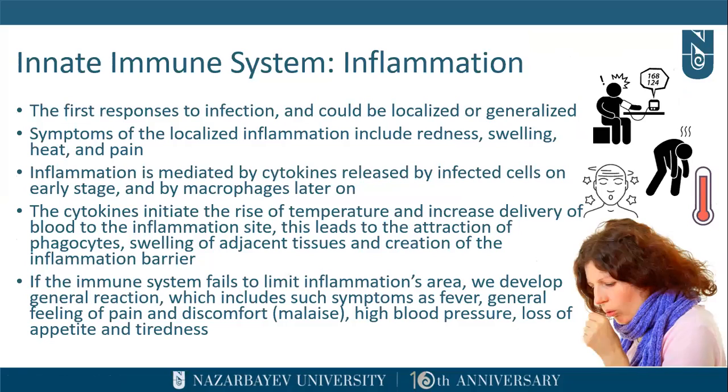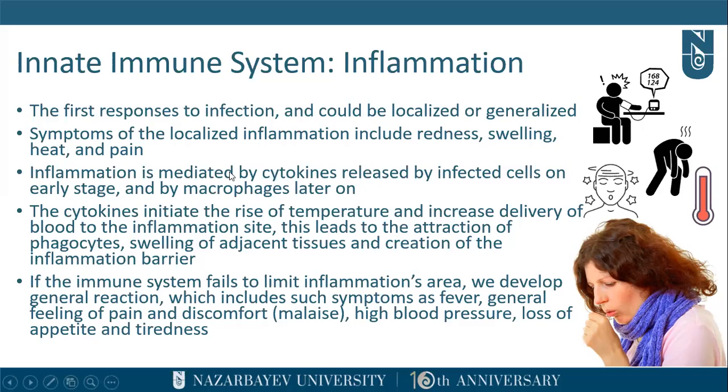So the very first response of the innate immune system is that the person will have a high temperature, fever. It will be like a systemic immune response. It can be either localized, like redness and swelling, or it can be generalized, like high temperature.